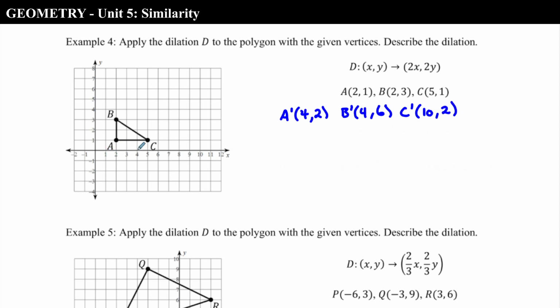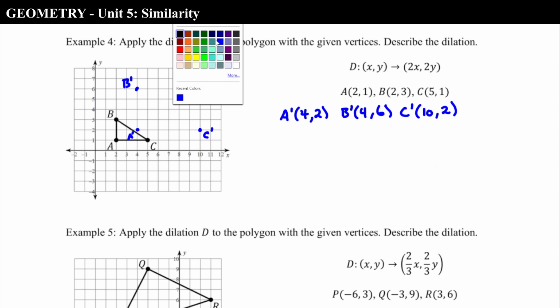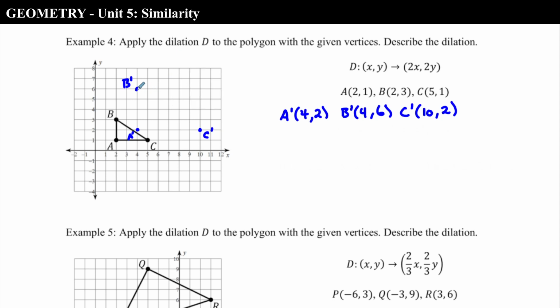So we're going to plot these coordinates. 4, 2 is here. That's going to be my A prime. 4, 6 is here. That's going to be my B prime. And then C prime is going to be at 10, 2. And then from here, we're just going to connect our lines. So we have B to A here, A to C here, and C to B here.